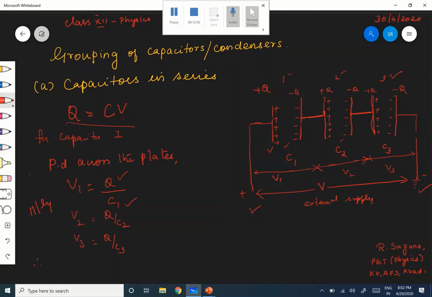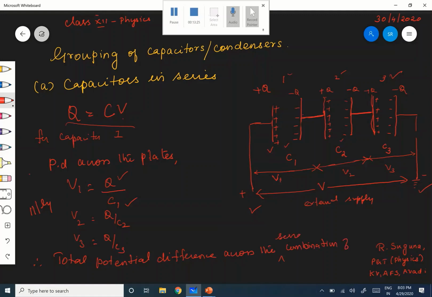Therefore, the total potential difference across the combination, which combination?